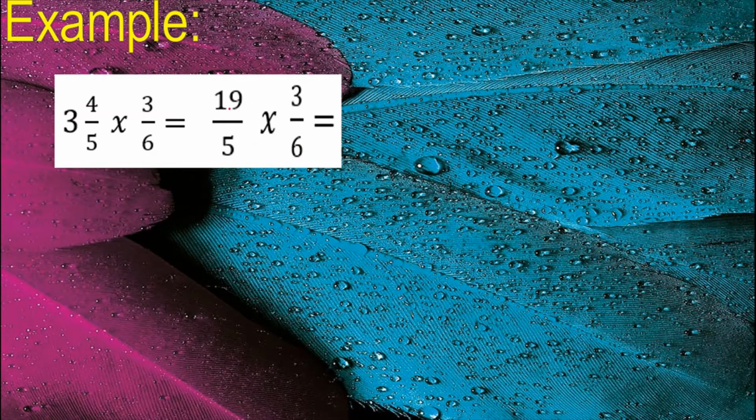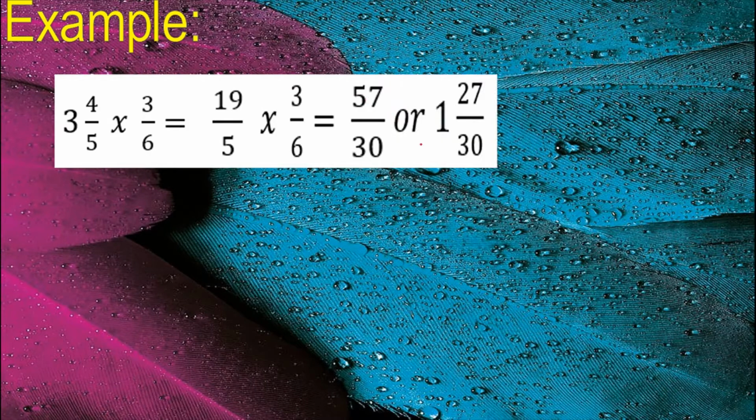Again, when multiplying fractions, multiply the numerator, and then multiply the denominator. Top times top, 19 times 3, bottom times bottom, 5 times 6. So we have here the answer, 57 over 30. Since our answer is an improper fraction, we're going to change this into a mixed number.